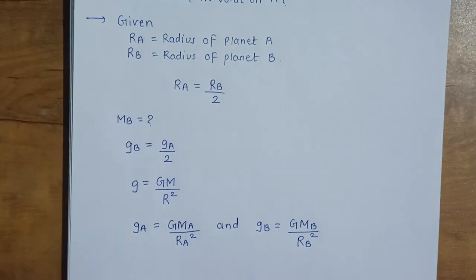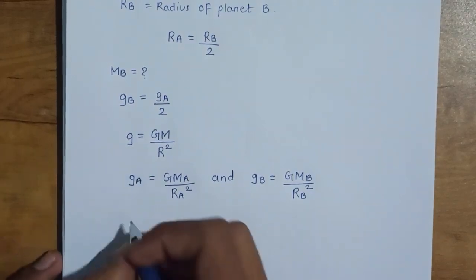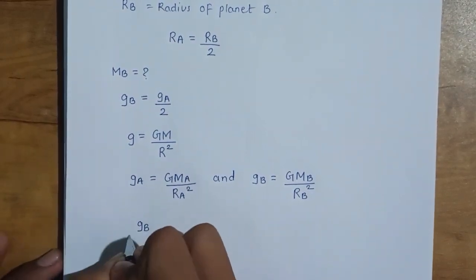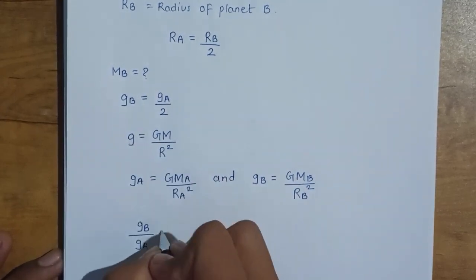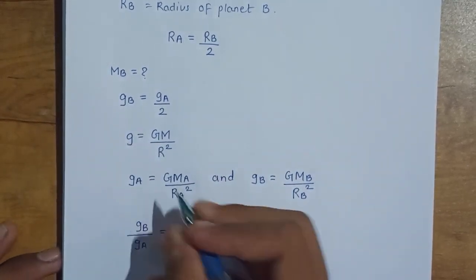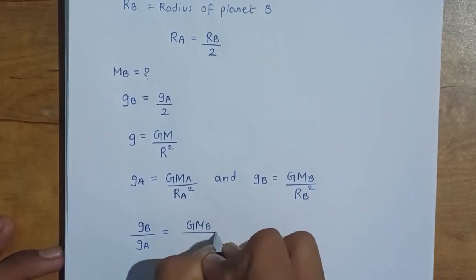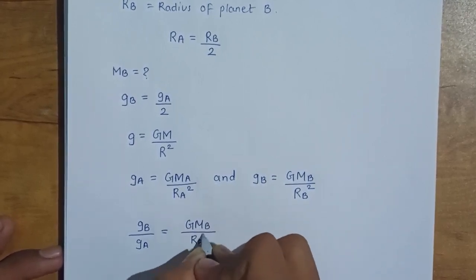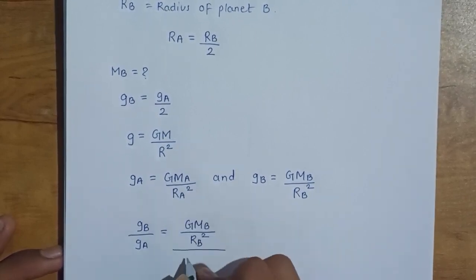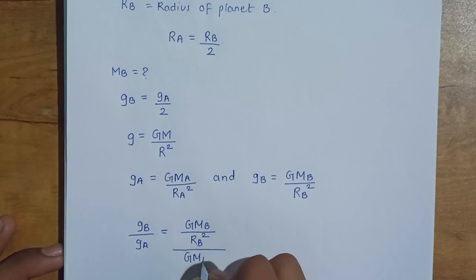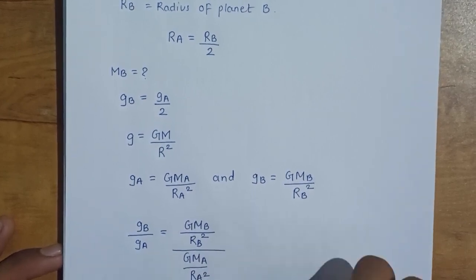We have to find the value of mb. So first we will divide Gb by Ga so that we will get mb. Gb by Ga equals Gmb by Rb square divided by Gma by Ra square.